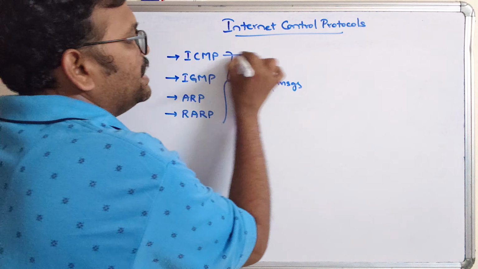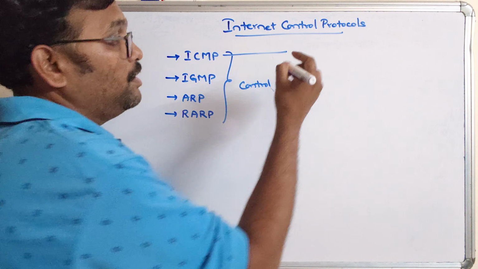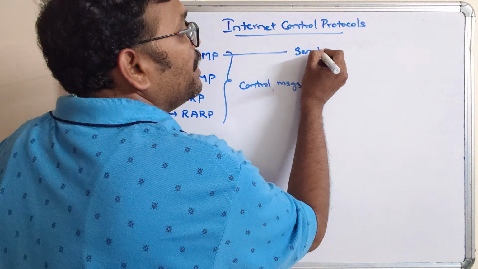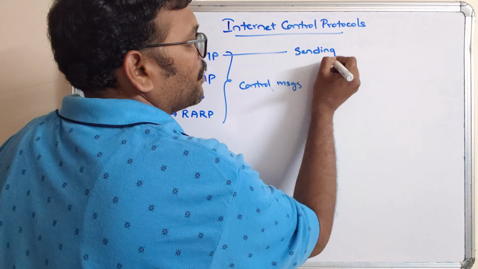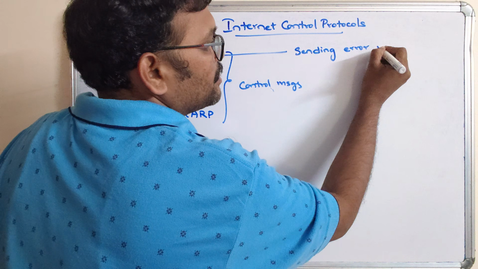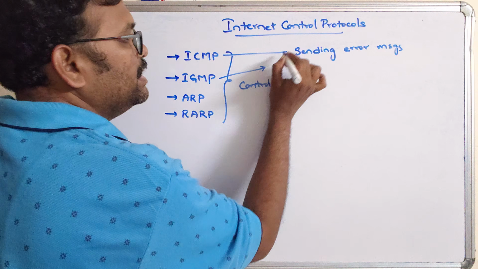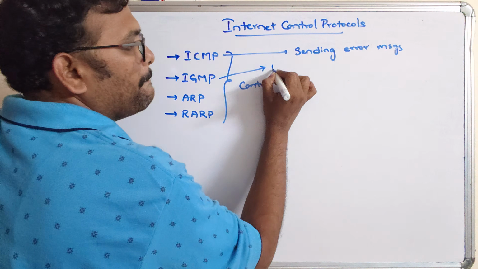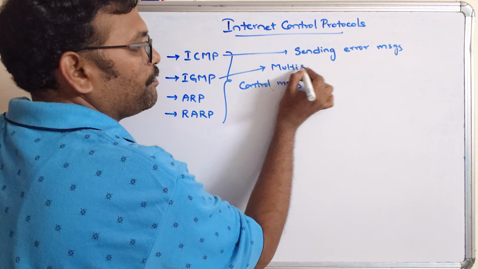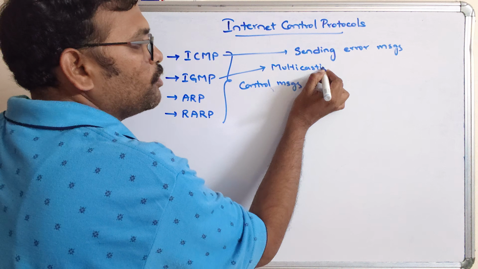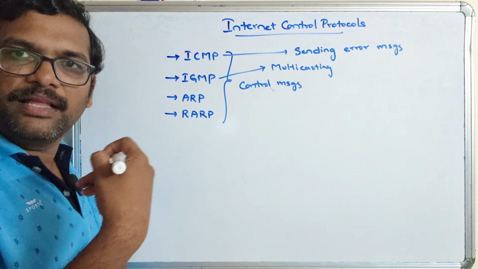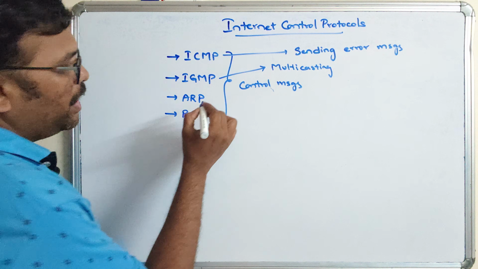For example, ICMP will be used for sending error messages, and IGMP is used for multicasting. Multicasting means sending the information in groups.